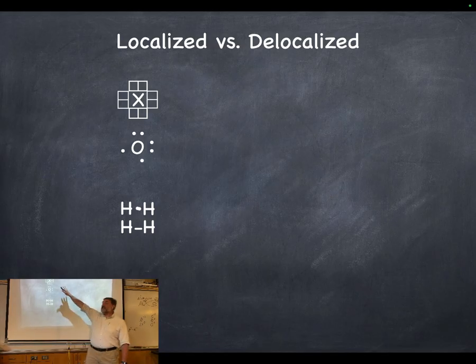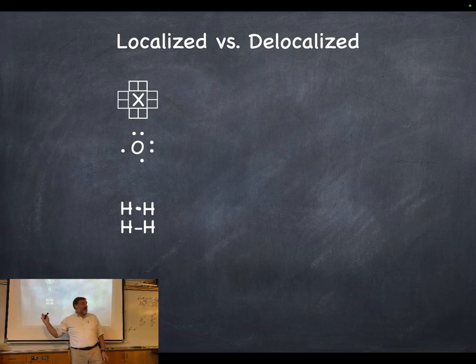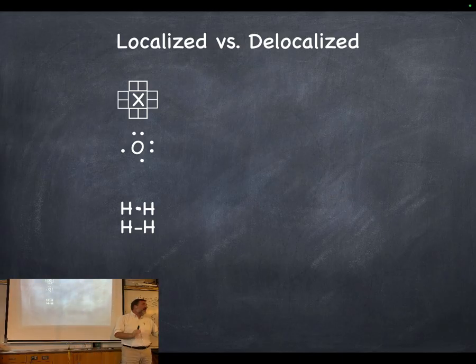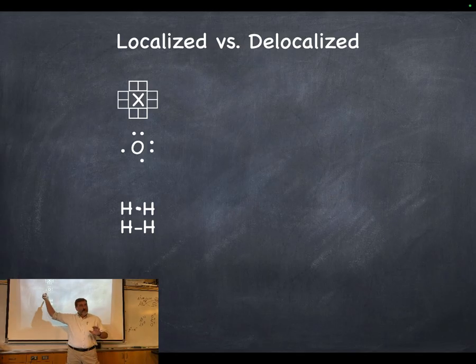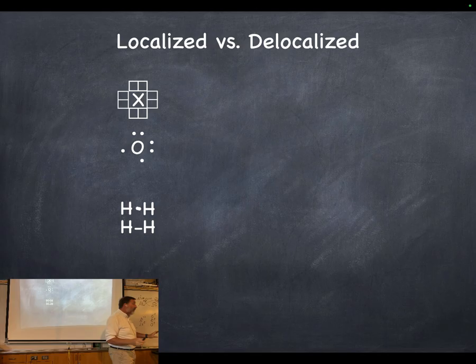All of this is what we would call a localized electron model. It is pretending that we can put electrons in specific places, that we can identify exactly where they are. Of course, we know that that is not a great model because if you want to explain energy levels and orbitals and all the stuff we've talked about last unit around electrons, we need to think about quantum mechanics, and we talk about the probability of finding the electron.